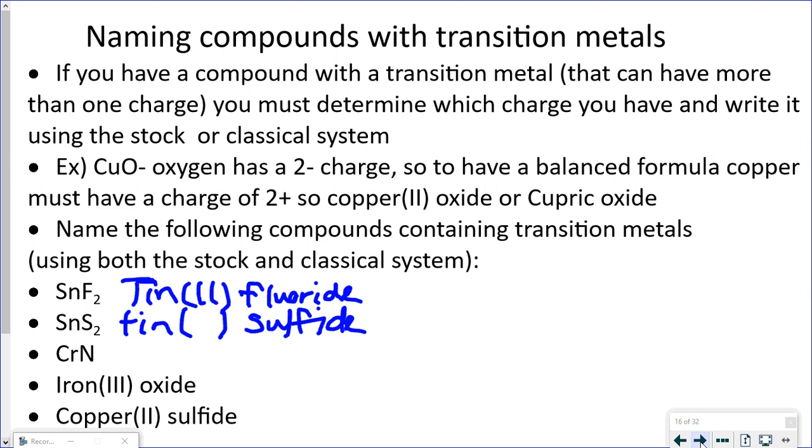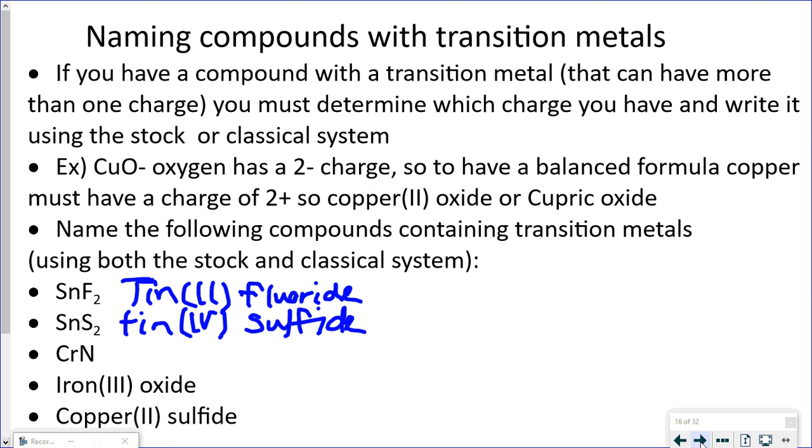So you can't simply uncrisscross the charges. But since we have sulfur with a charge of -2, and there are 2 of them, that means there's an overall charge of -4. So tin has to have a charge of +4 to cancel out. So this is tin(IV) sulfide.